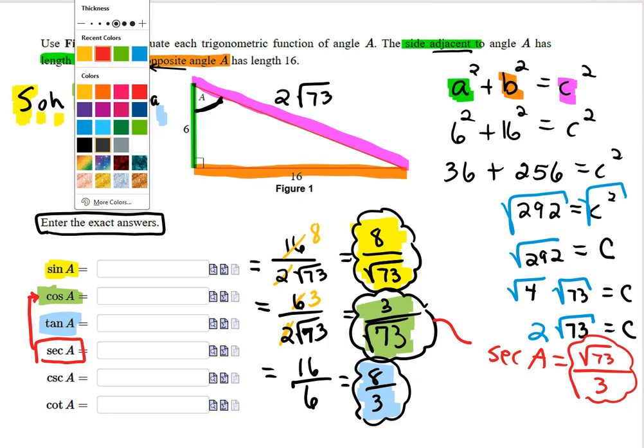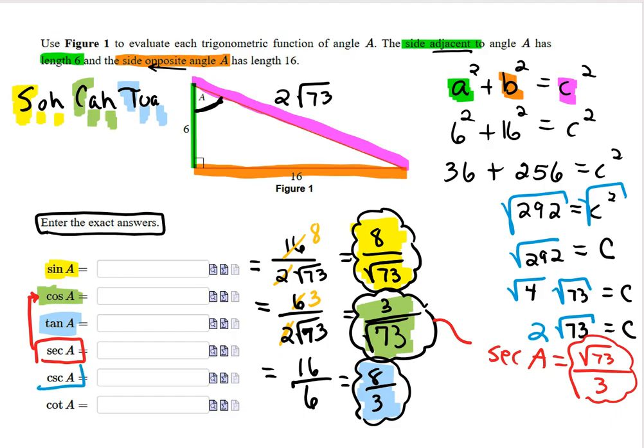I've got lots of greens here, and blues and purple. How about dark blue. The cosecant goes with sine, so this one's sine, so cosecant of A is going to be the square root of 73 over 8.